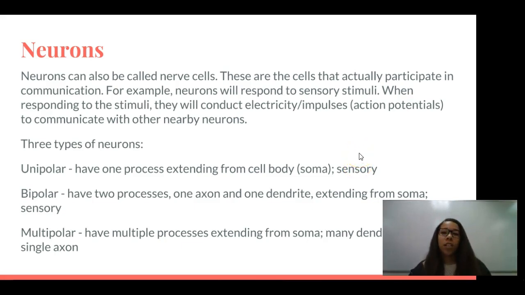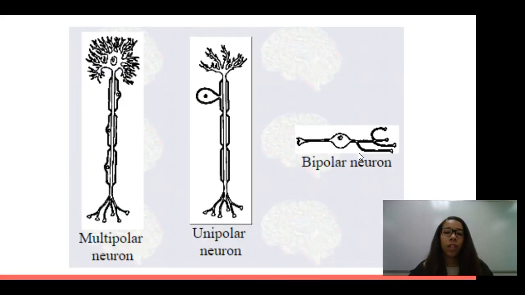Here is an image provided for you. There it is. Okay, so unipolar neuron is the one in the middle. Again, here's our cell body. We have one process, one thing sticking off of our cell body. In this case, it's the axon. Bipolar, we have two processes extending from the soma, or the cell body.